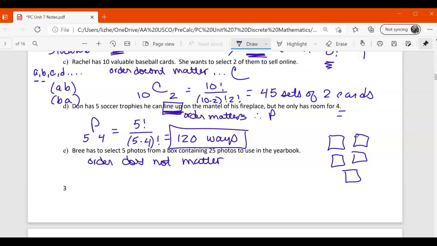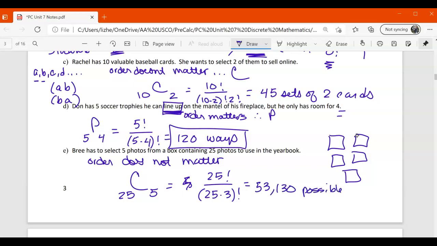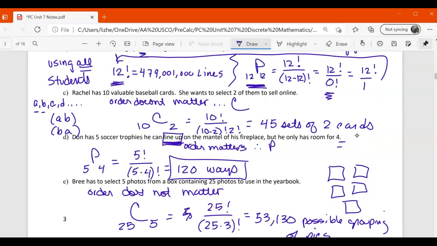I'm just getting those 5 pictures together. So it's a combination. There's 25 pictures. She's choosing 5. And you're going to write 25 factorial over 25 minus 5 factorial times 5 factorial, and then you'll get your answer of 53,130 possible groupings of pictures. And that is the end of the lesson.